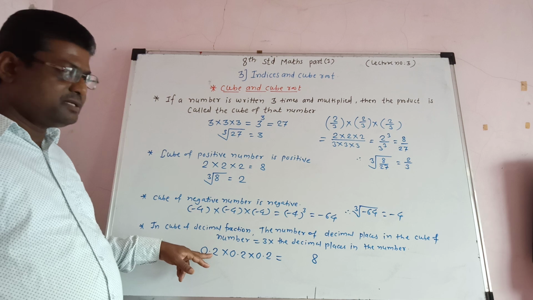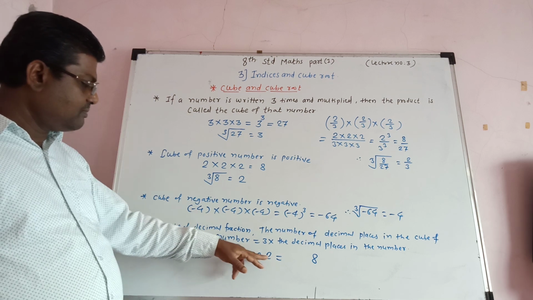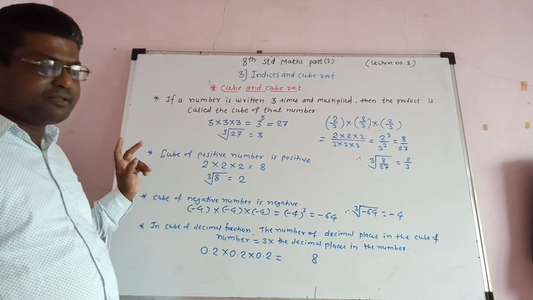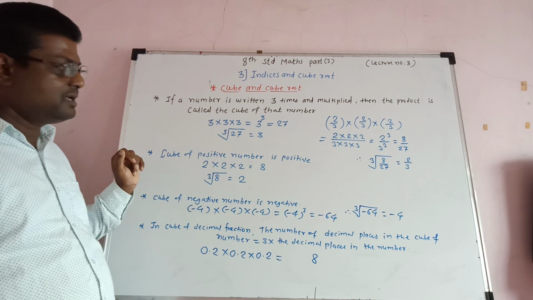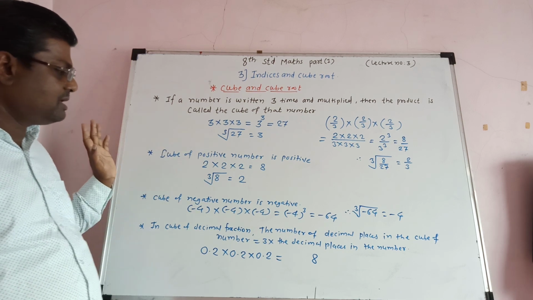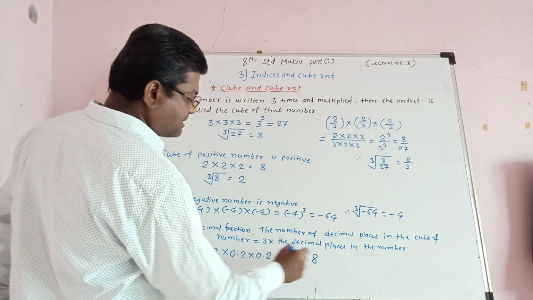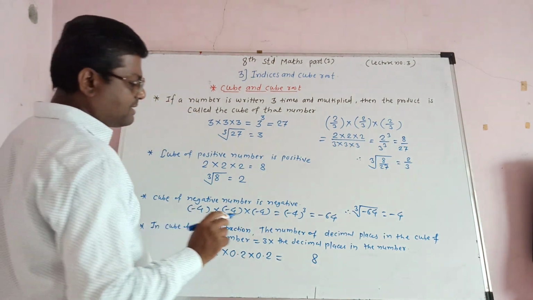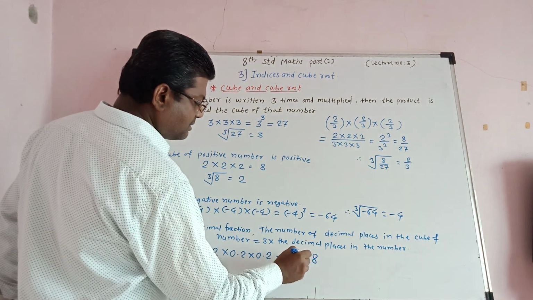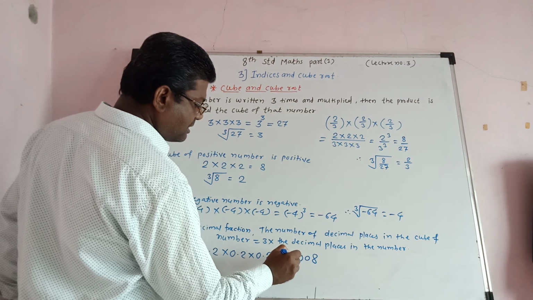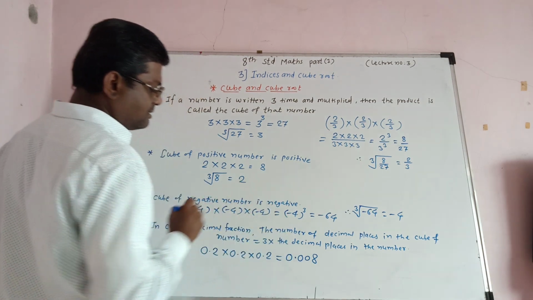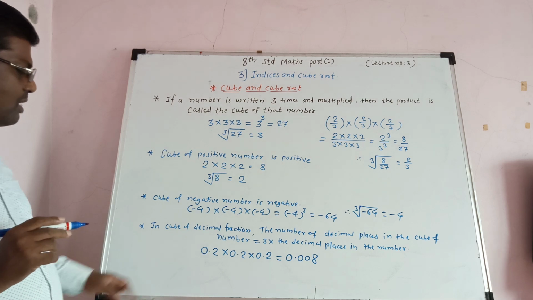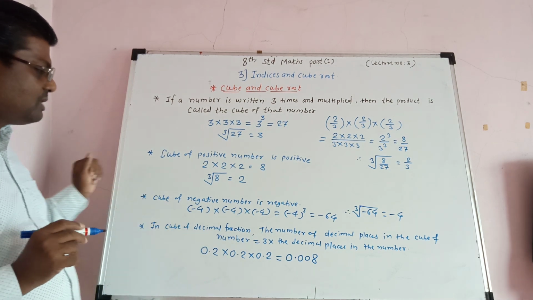In each number there is 1 decimal place. Multiply this 1 by 3, that will be 3. So leave 3 places from the right side to the left side: 1, 2, 3, then the decimal point, and this will be the cube of 0.2.